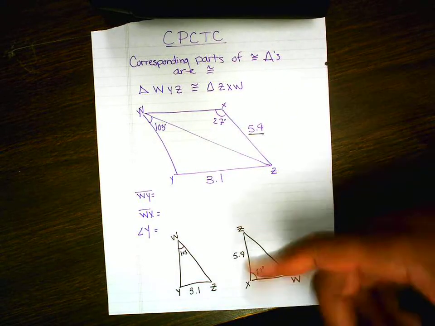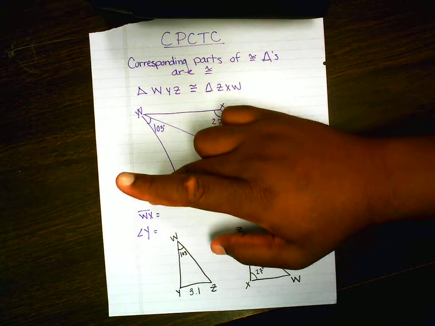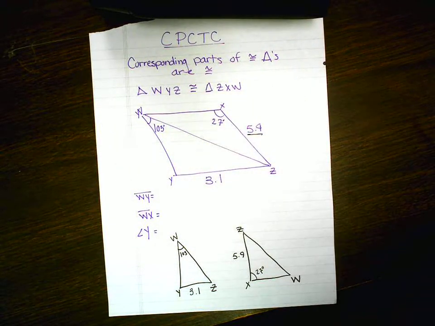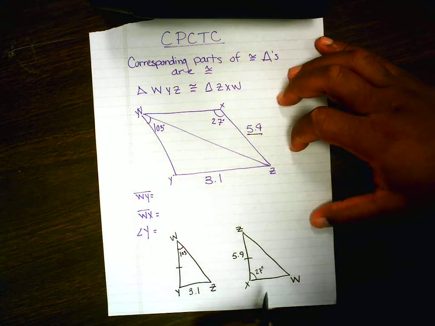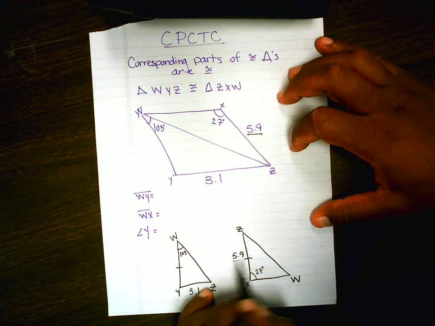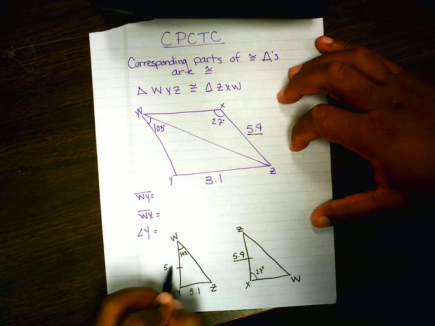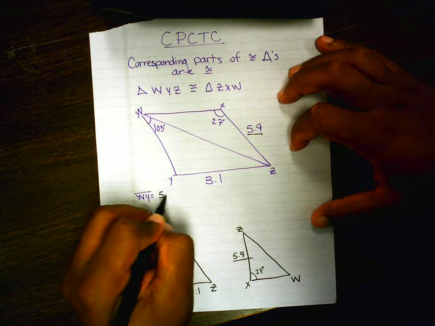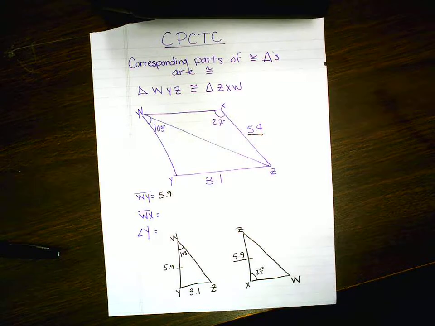And I asked you to find segment WY. Right? So if we know that this is congruent to this, we'll automatically know that segment WY is 5.9 because they are congruent.